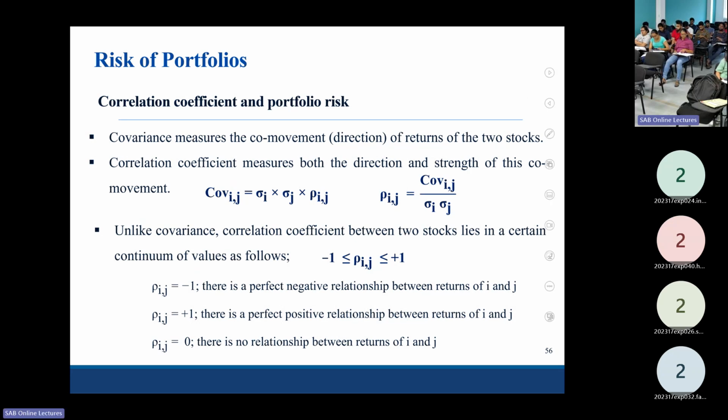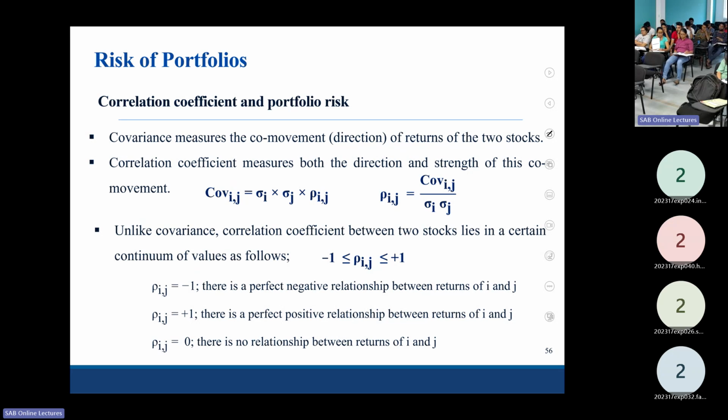But I told you the problem with covariance is that it doesn't give you the size of the movement. A value of minus 10.07 just says that these two stocks are moving in opposite directions, but it doesn't say anything about the size of the movement.